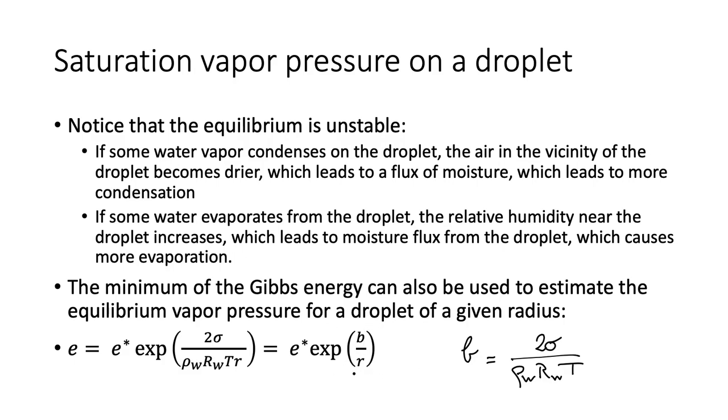And so you'd have b over infinity. This would be 0. E to the 0 is 1. And so you'd have that E equals E star for that particular case. So this you could think of as a curvature effect in a way. A factor that is due to the fact that your droplet has a finite radius and it's curved. This is something that if you went to infinity, you would not be experiencing.